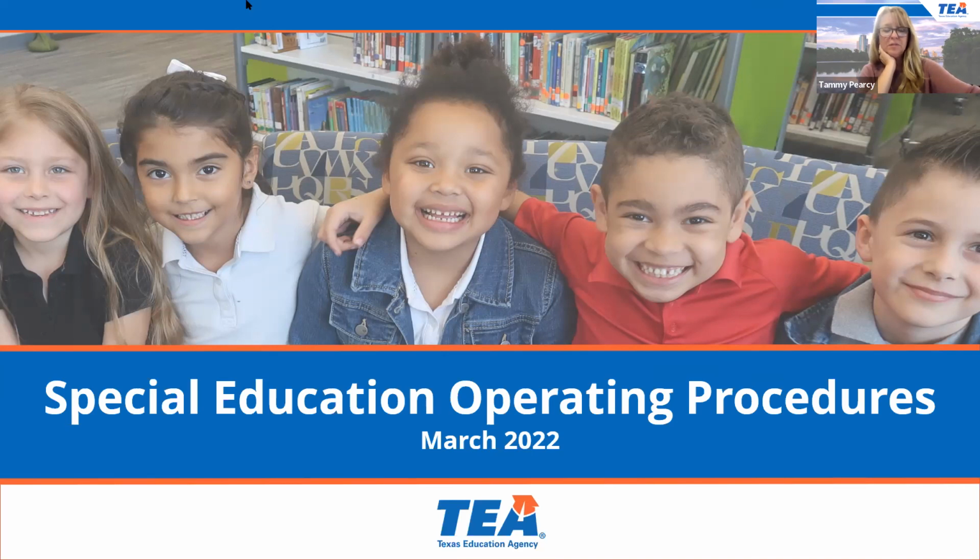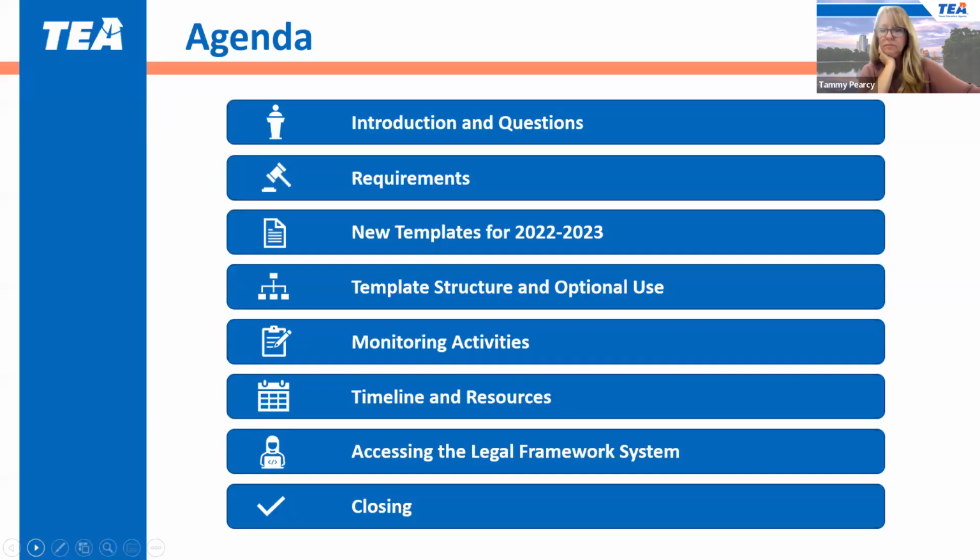So today, you can go to the next slide. And the agenda today is to cover a few things. We're going to have a little introduction and some questions that will be answered throughout the slides. Go through some requirements, go through the new templates for 22-23, talk about the template structure and optional use of the templates, and the monitoring activities that will happen as a result of your policy and procedure uploads.